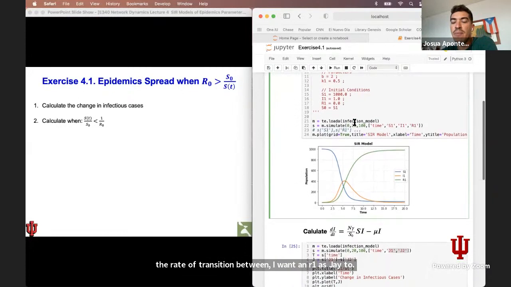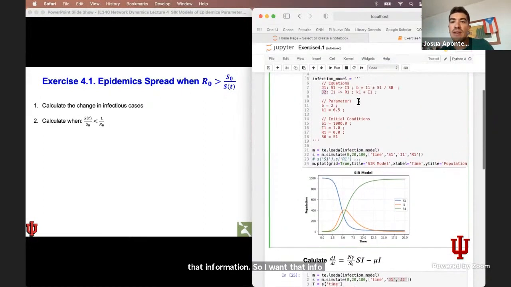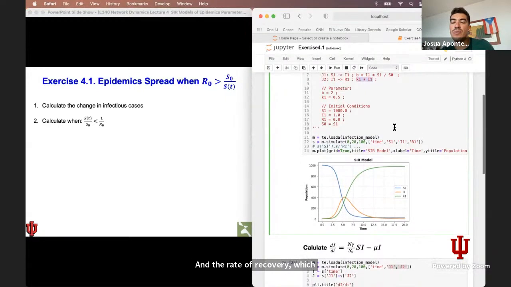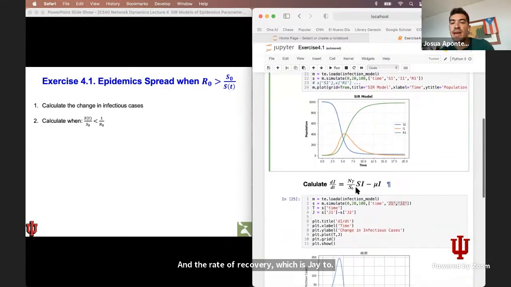So when I simulate my model, I can specify that I also want to retrieve that information. So I want the rate of new infections, which is J1, and the rate of recovery, which is J2. And as I mentioned, dI/dt is just gonna be J1 minus J2.